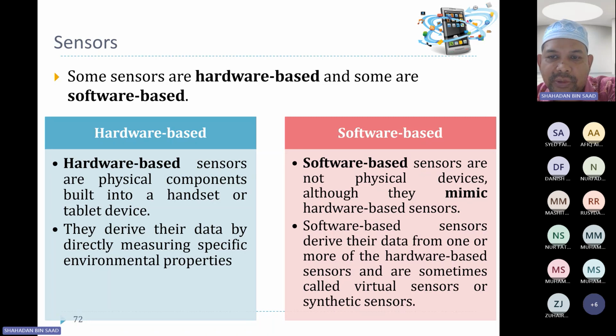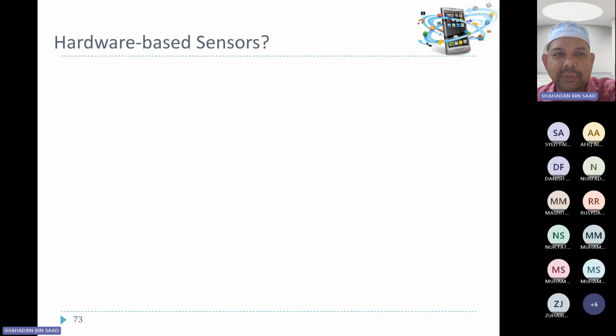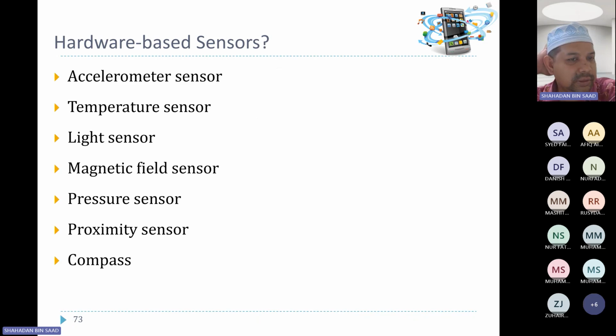Software-based sensors are not physical devices, although they mimic hardware-based sensors. They derive data from one or more of the hardware-based sensors and are sometimes called virtual sensors or synthetic sensors. Dia ambil bacaan lah, seolah-olah dia macam ada, tapi tak ada. Yang tadi kita tengok accelerometer, temperature sensor, light sensor, magnetic field sensor, pressure sensor, proximity sensor, compass semua adalah hardware based.